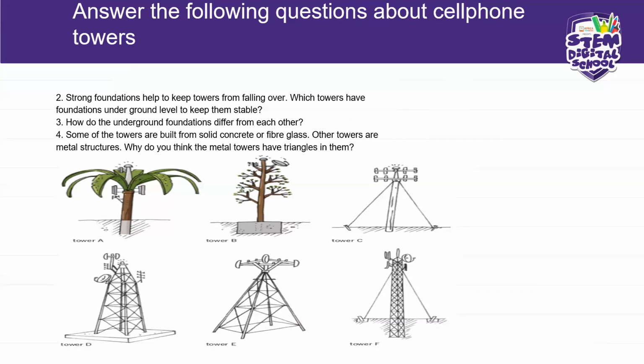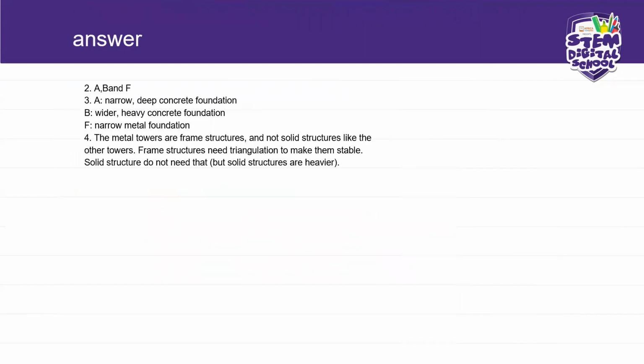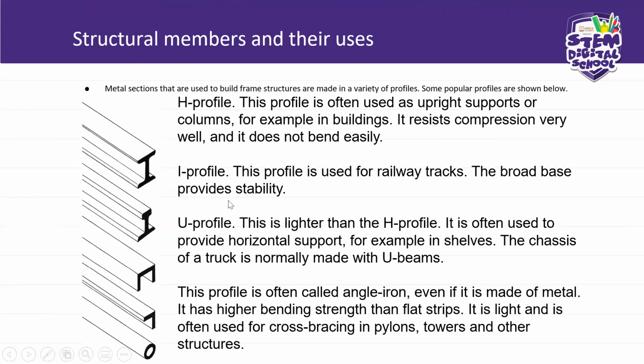Okay? I can also ask you about the structural members. I can give you a picture and maybe ask you which structural member you would choose to put in a certain position in the structure and why you chose that structural member.